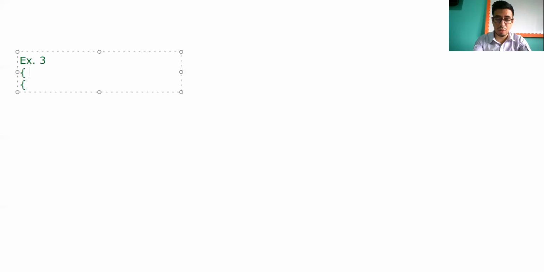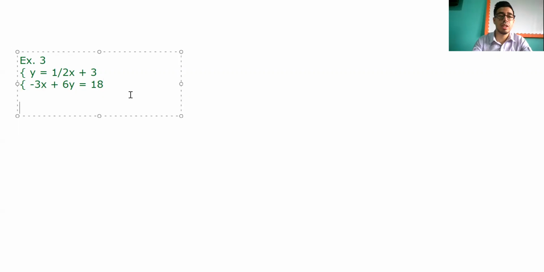The first equation is y equal 1/2 x plus 3. And for the other equation, we have negative 3x plus 6y equal 18. Again, we graph, but you can see that this system has two equations, and the first one starts with y.